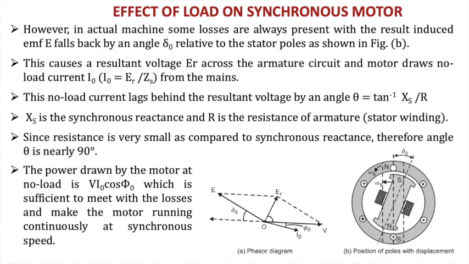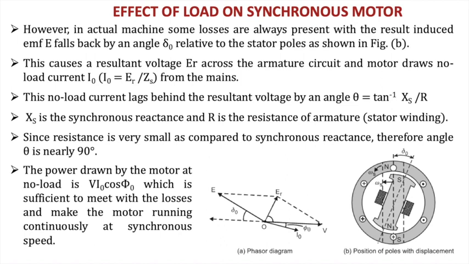Practically that is not the case, because even when the machine is on no load, there will be some amount of no load losses, and therefore a no load current will be flowing in the armature of the synchronous motor, and E will fall behind V by an angle of delta 0.